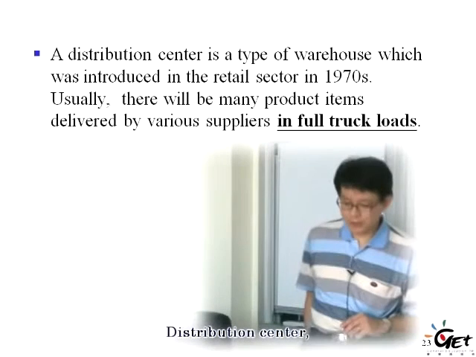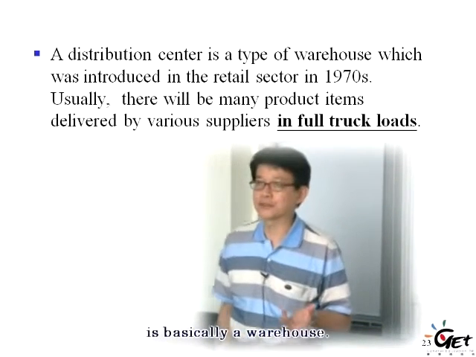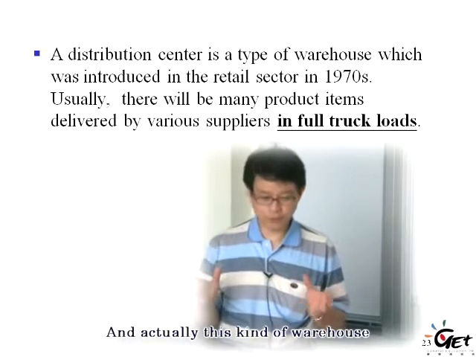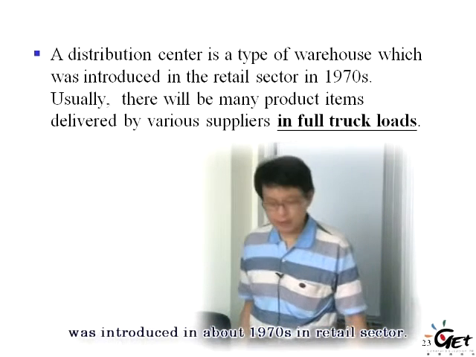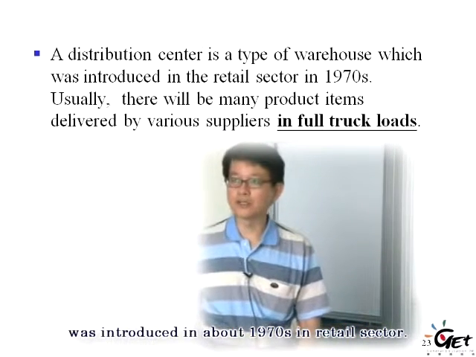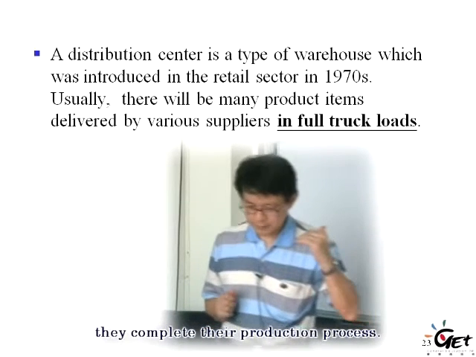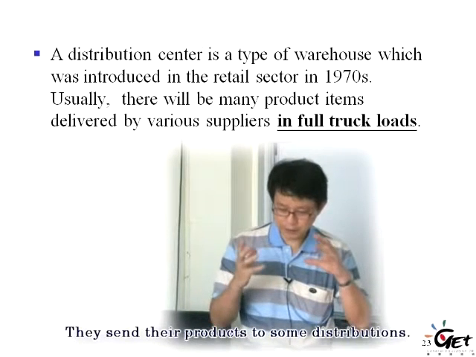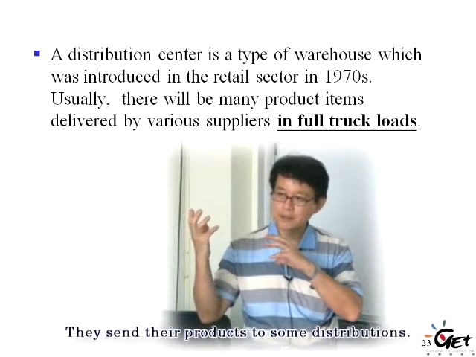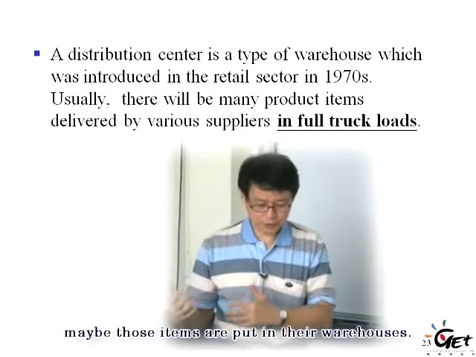Okay, a distribution center, DC in short, is basically a warehouse. This kind of warehouse was introduced in about the 1970s in the retail sector. Usually the manufacturers complete their production process and send their products to distribution, in the beginning maybe put in their warehouses.